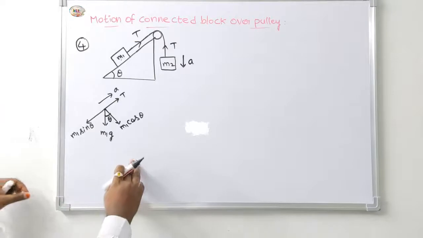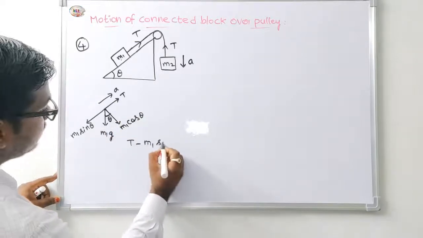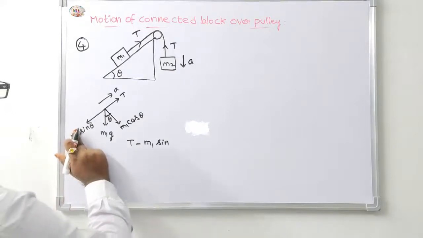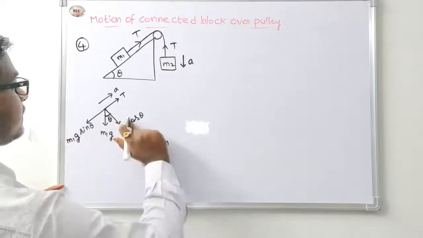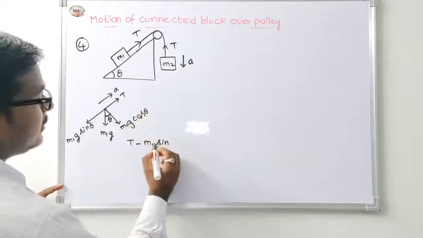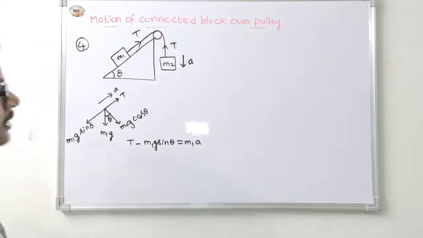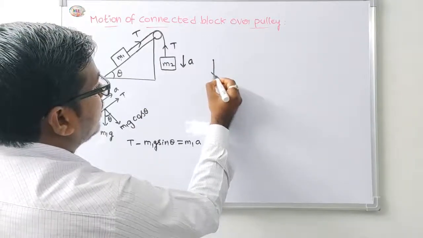First write the equation: T minus M1G sin theta is equal to M1A. Now take the M2 block.